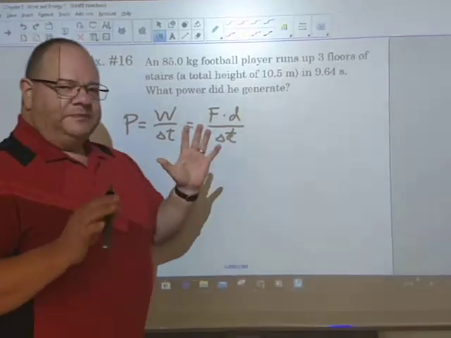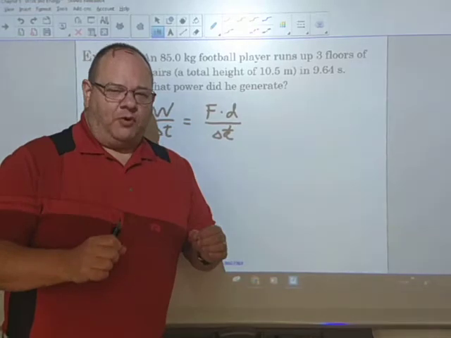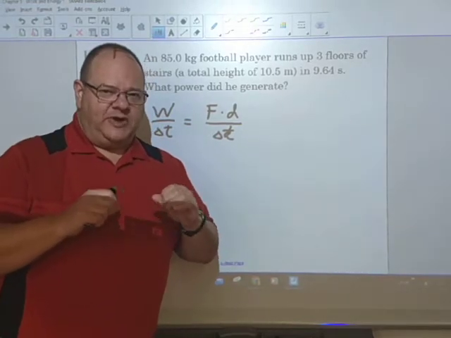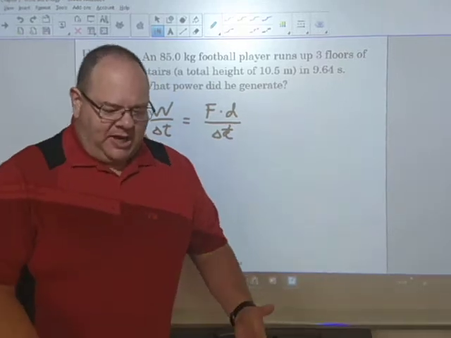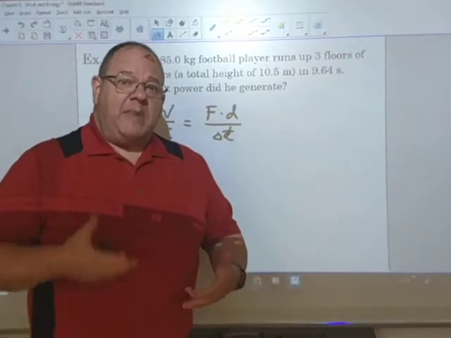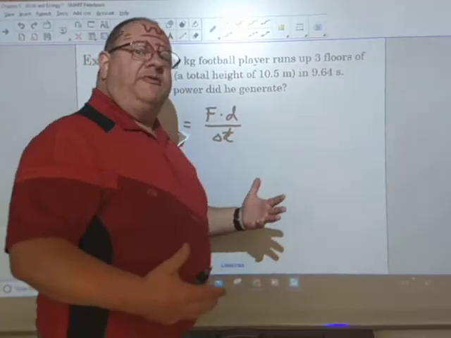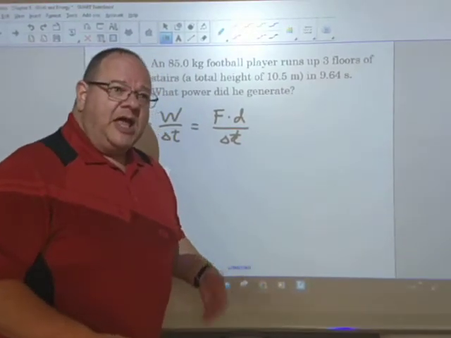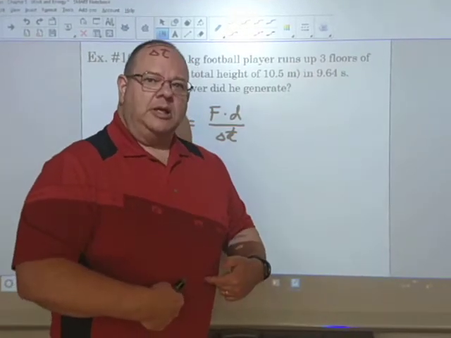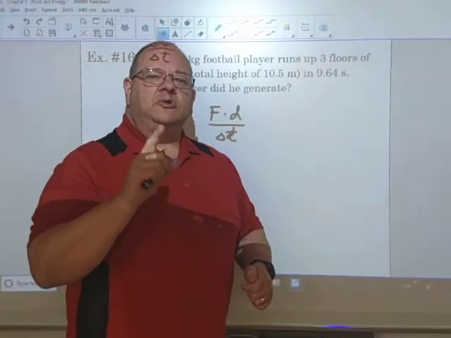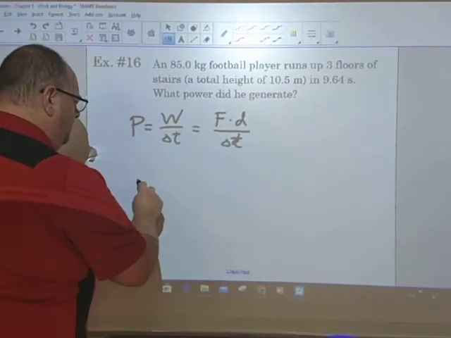What force? Now, 85 kilograms is not a force. And if you're still making that mistake, you've got to get past that one. Kilogram is a unit of mass. But if I've got to lift my mass up the steps, think about it. If I put my foot on a step and I want to lift myself up that step, I've got to exert a force at least equal to my weight. I can find the weight.